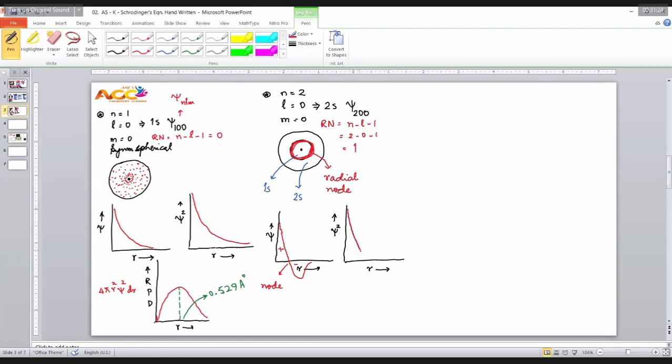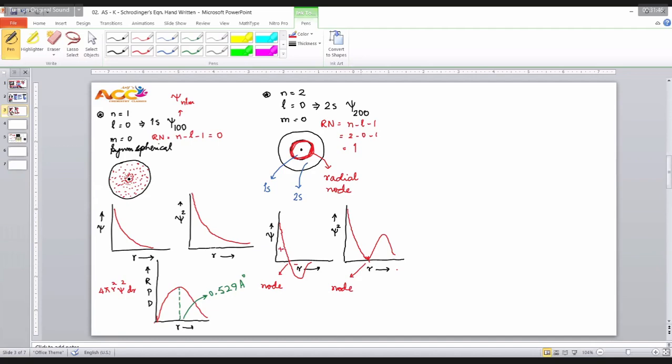Decreasing, decreasing, decreasing, and it should not have a negative value. It is touching here. The point where it is touching is called a node. How many nodes? One node is available.